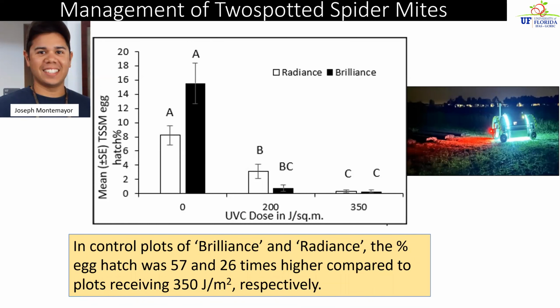Results indicate a significant suppression of egg hatchability from UVC application of both doses in Brilliance and 350 joules per meter square in Radiance. Therefore, UVC could play an important role in two-spotted spider mite management in future.